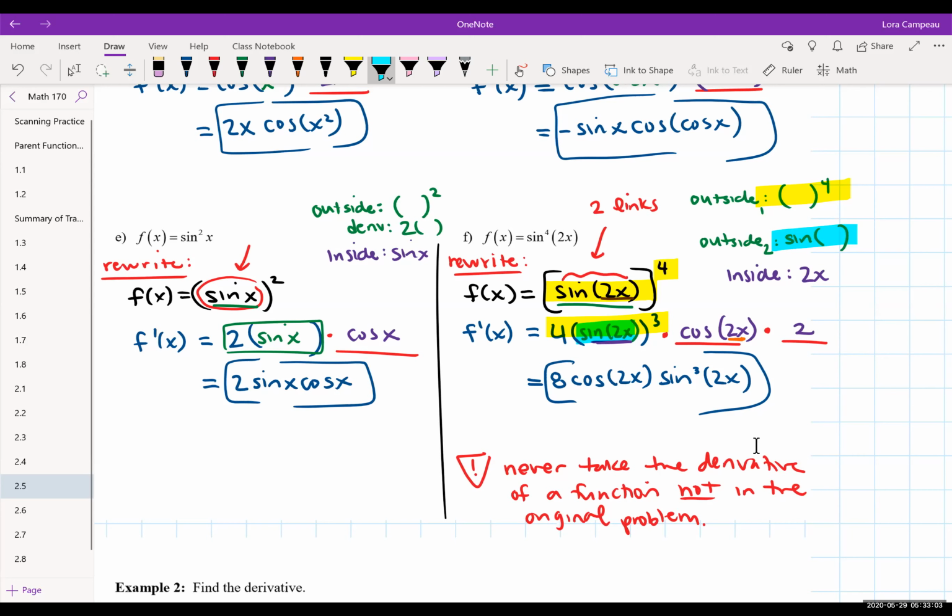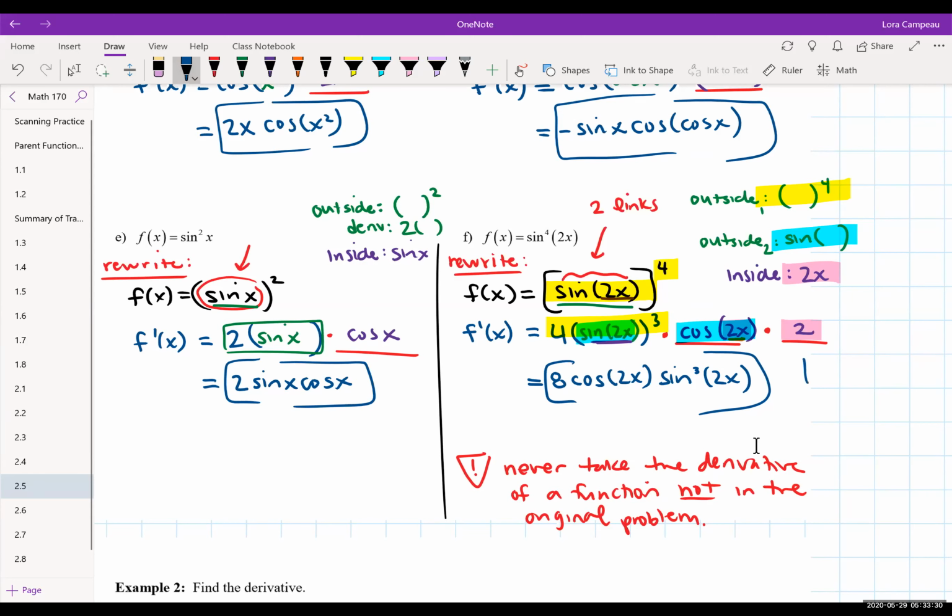So if you're taking the derivative of the inside, you are seeing the derivative of sine of something is cosine of something. And finally, the other function we see is 2x. It's a little hard to see if we're trying to highlight it. But when we take the derivative of 2x, that is the inside function, that is going to be the 2.